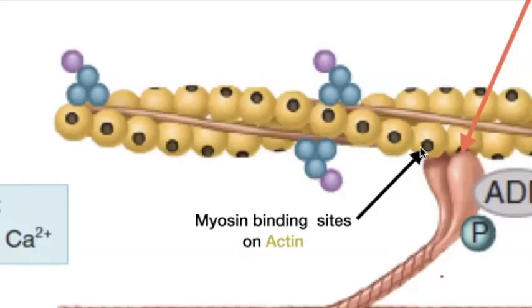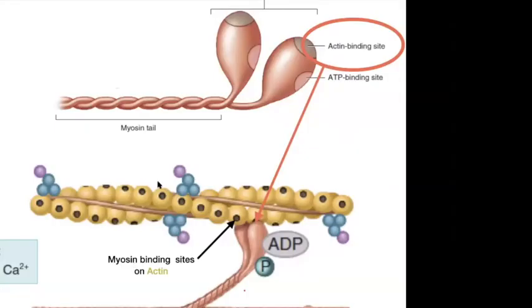On these little balls on the actin, you have the myosin binding sites. So you have an actin binding site on the myosin and a myosin binding site on the actin. Makes sense, right? They need an interaction. And here's that hydrolyzed ATP. It's in the cocked position.